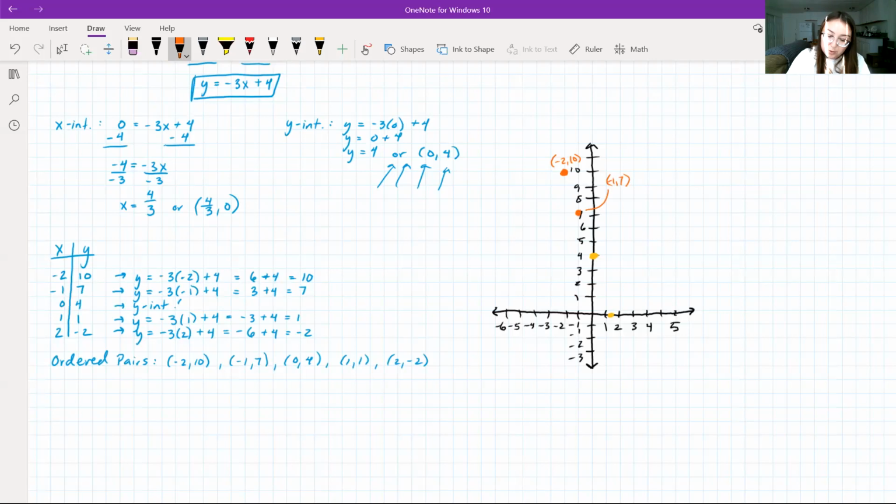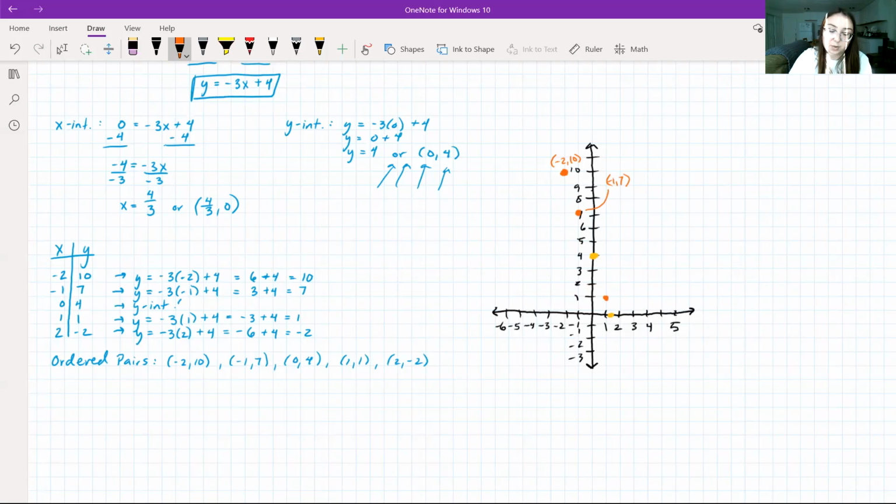Then we have 0, 4, which we already marked because it was our y-intercept. Now we're going to go 1, 1. So we'll start at the origin, and we'll go to the right 1 spot, and then we'll go up 1 spot. And that will be 1, 1. And then we have 2, -2. So we're going to go to the right 2 spaces. So that will be +2 on the x-axis. And then we're going to go down 2.